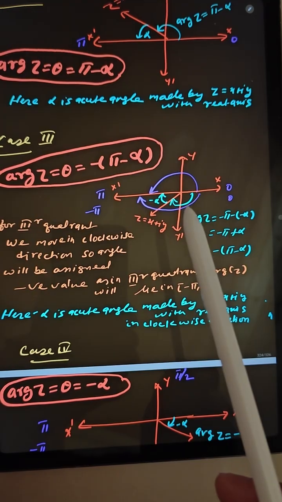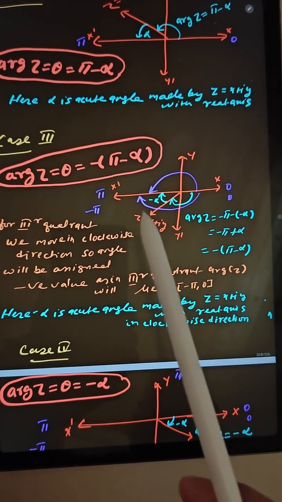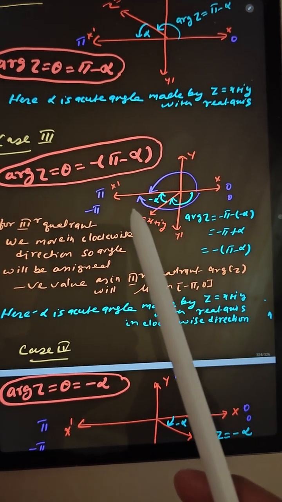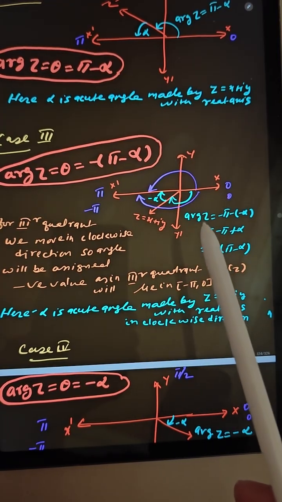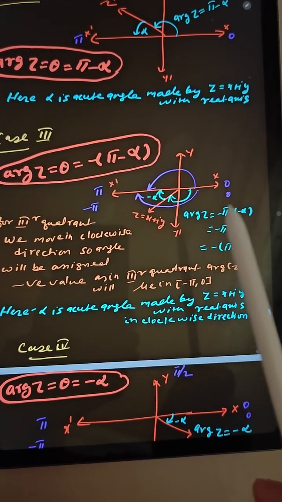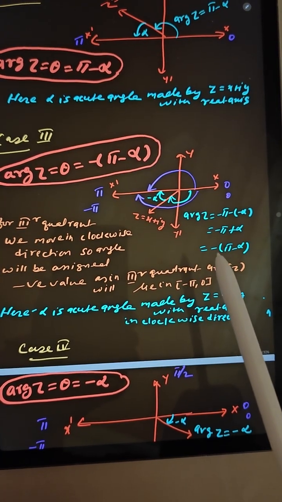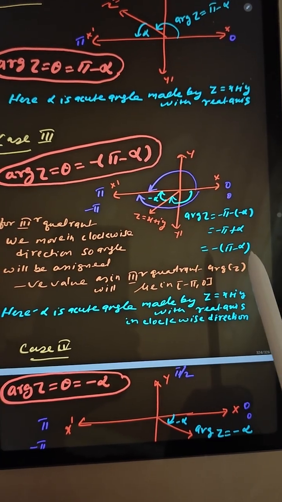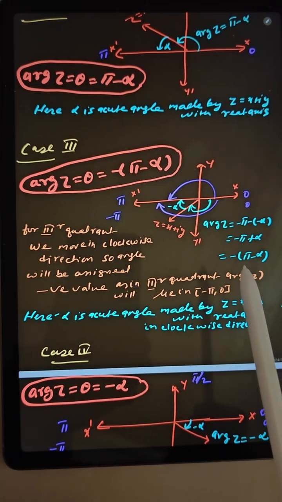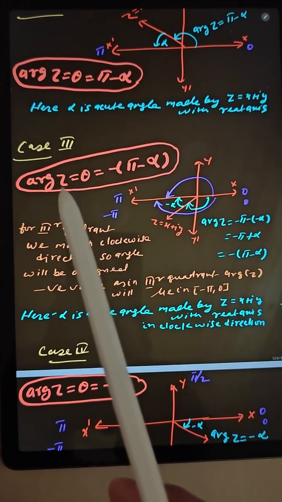Now this angle, how will you find it? The whole angle is minus pi, so minus pi minus alpha. So the argument of z is minus pi minus of minus alpha, so minus pi plus alpha. Taking minus common, you can write minus of (pi minus alpha). So this is the position of the argument of z in the third quadrant.